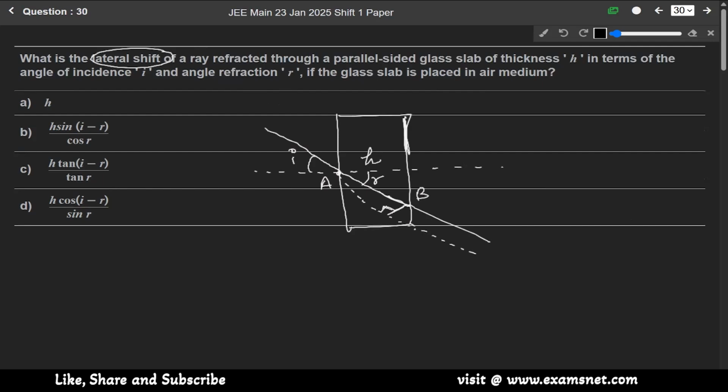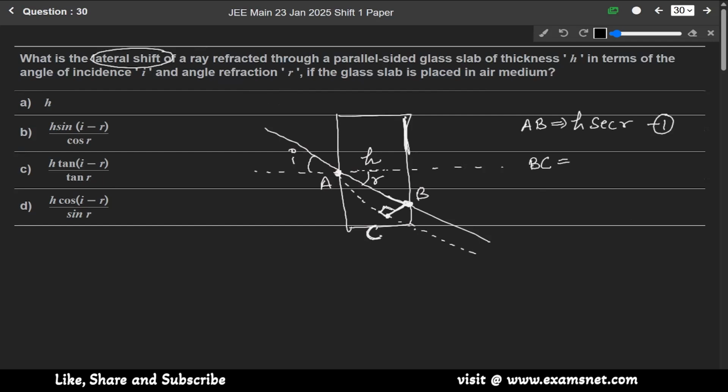So from this figure, this is A, this is B. AB will be equal to H sec R. Let us say this is equation number 1. And let us say this is point C. So BC, this is 90 degree.